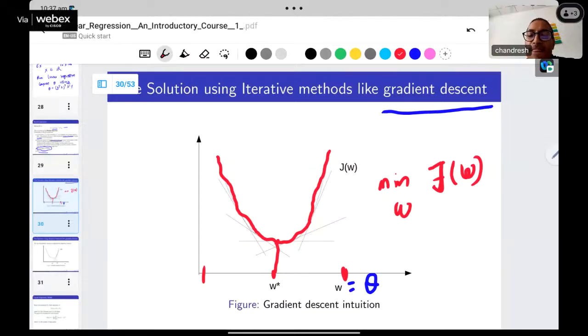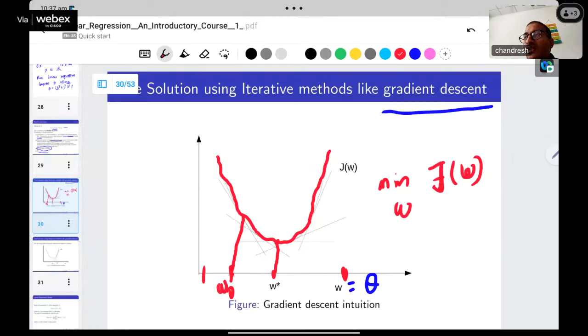So the way gradient descent works is that you start at some point w0, and you make a linear approximation, or to be more precise, you form a quadratic approximation at this point. Then you actually optimize that function.